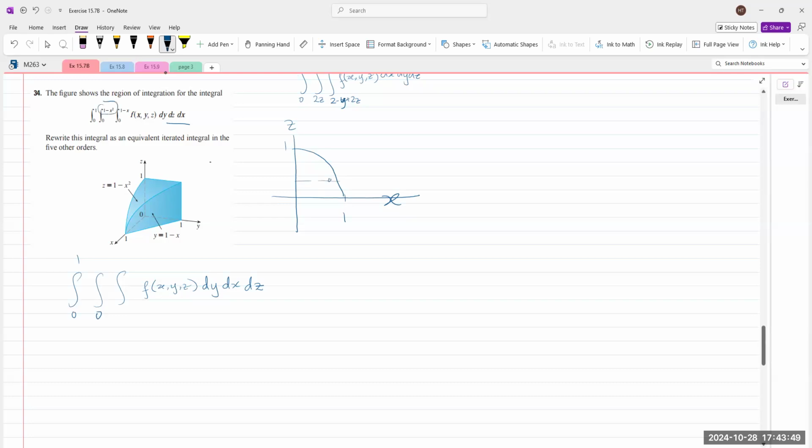See, that's z equals 1 minus x squared. I solve for x, so x equals plus or minus the square root of 1 minus z, but I need the positive branch of that x. So we use x equals the square root of 1 minus z.